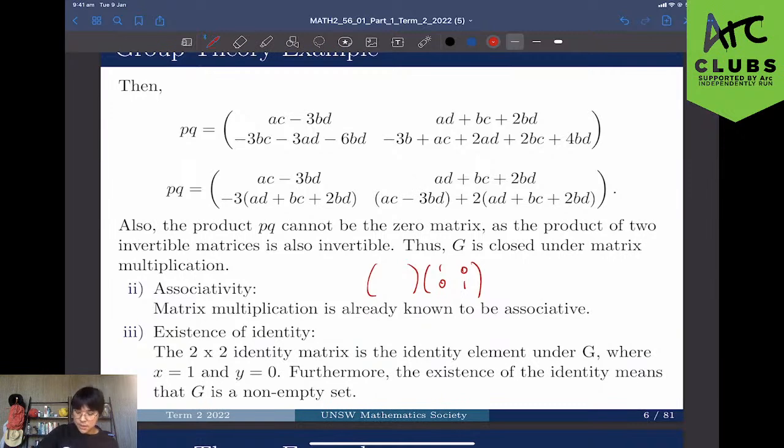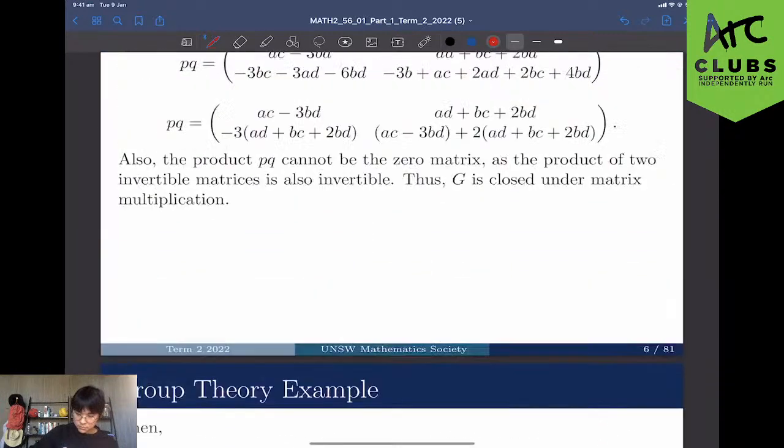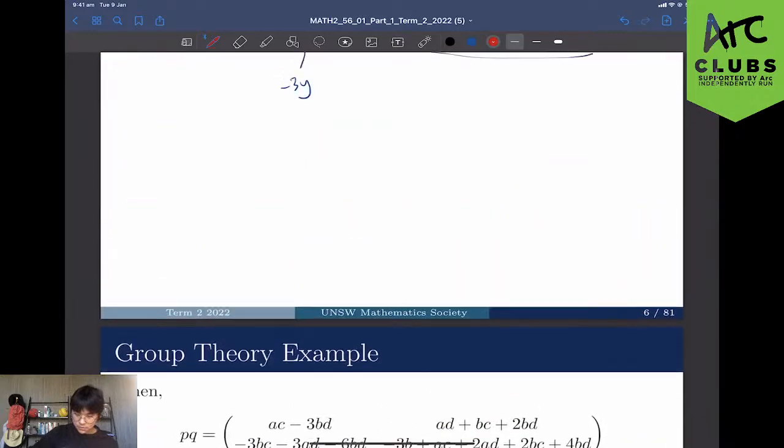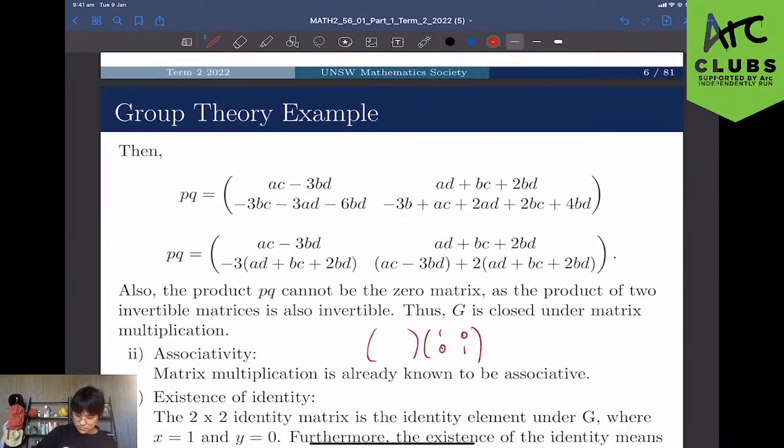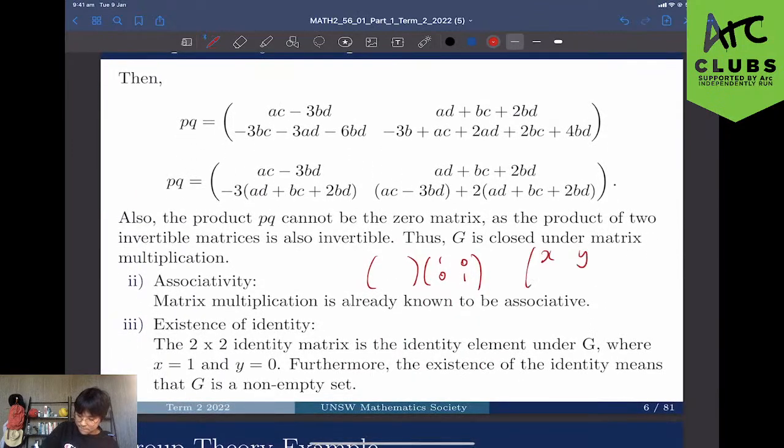And we know that we can make this when we set x to be 1 and y to be 0. So if we set x to be 1, and y to be 0, we get a 2 by 2 identity matrix.